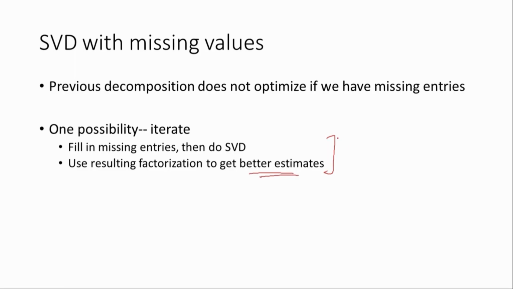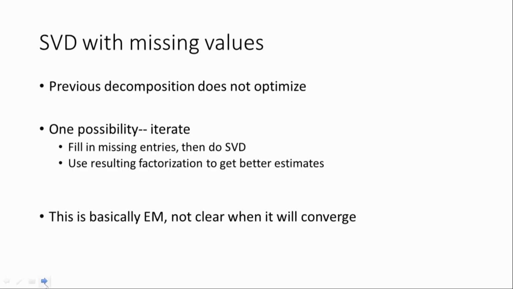And once you have the SVD, you again re-estimate the averages, and then keep on doing this. So this is one way in which you can use an iterative algorithm with SVD here.